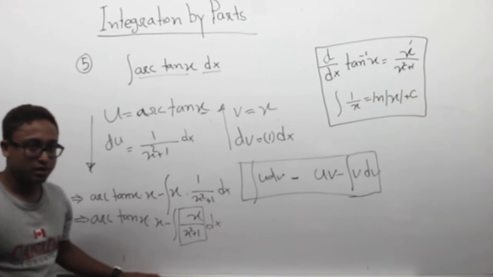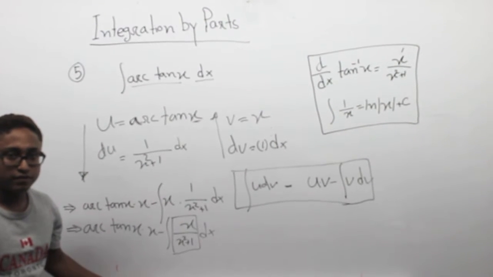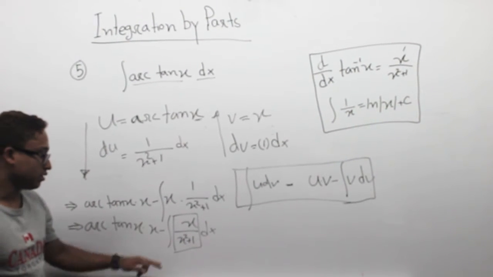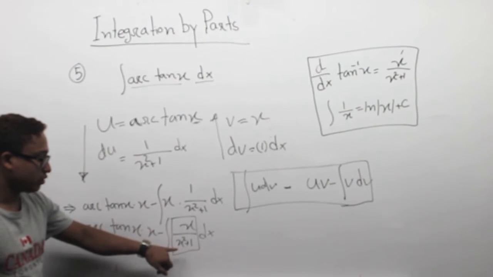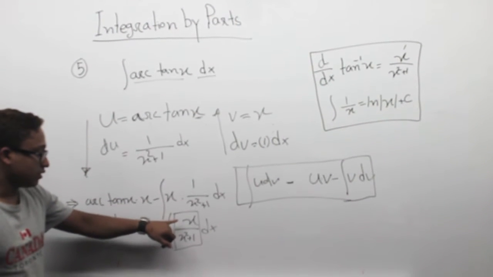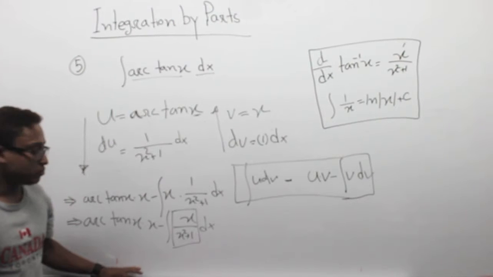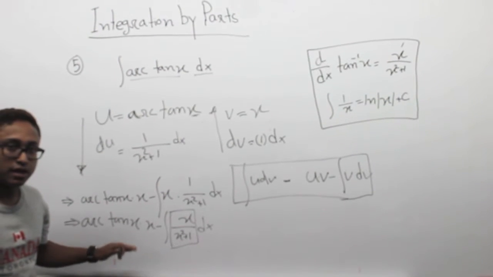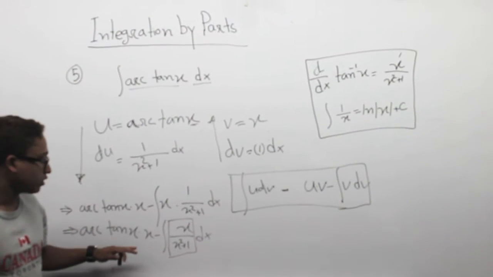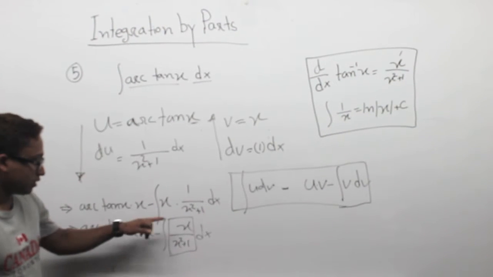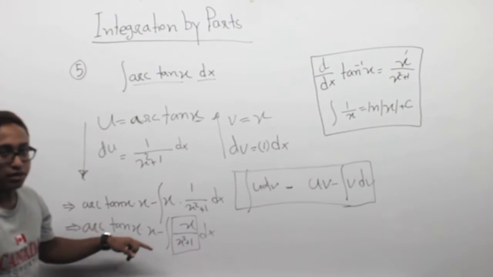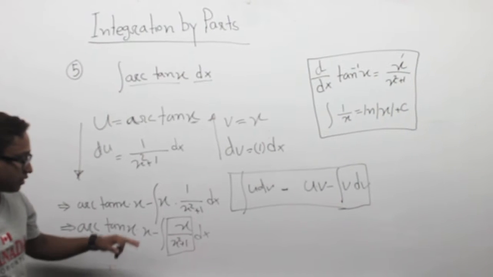One is integration by parts, another is integration by partial fraction, and another is u substitution. Integration by parts we cannot use in this situation because there is a denominator. Secondly, integration by partial fraction we cannot use either, because there is a denominator and numerator involved. So what is left is u substitution.